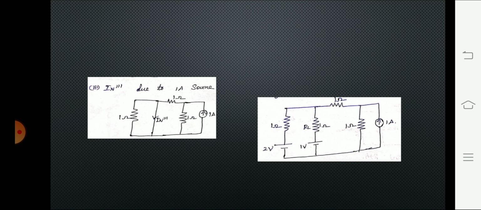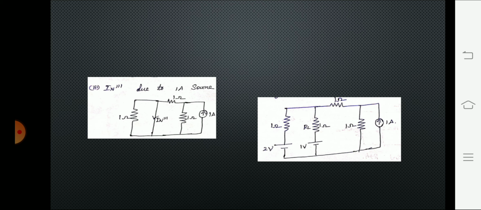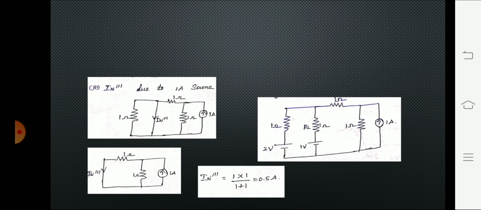Next we find IN triple dash due to the 1 amp source. Here the 1 ohm resistance is neglected because no current is flowing through this 1 ohm resistor. So we find the IN triple dash value.